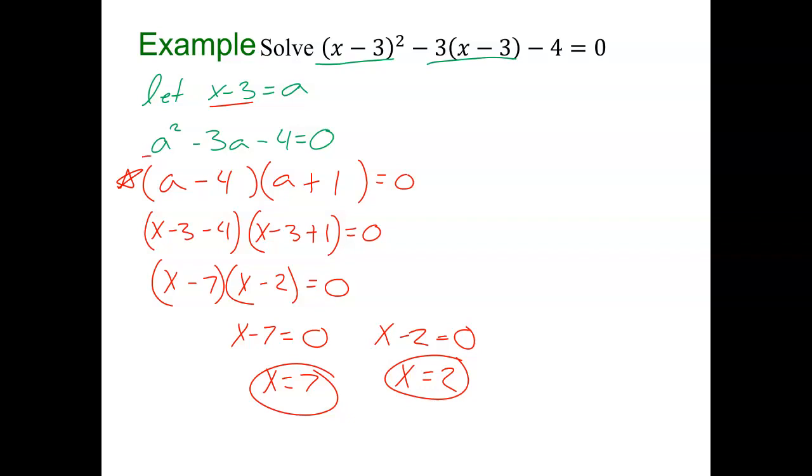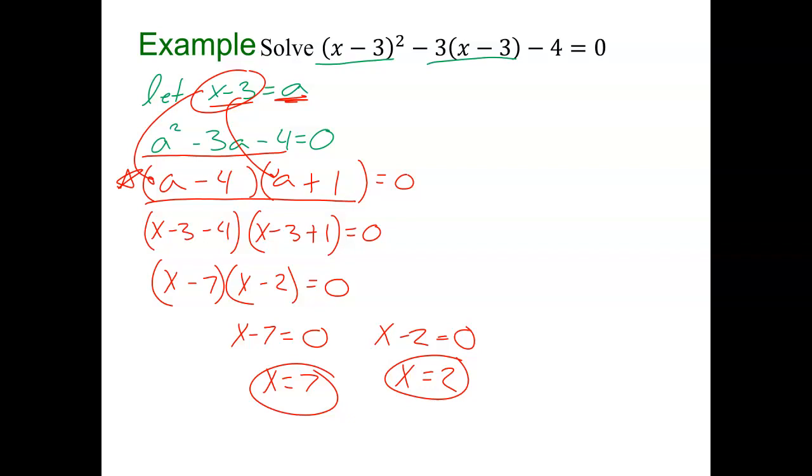So I took this, I factored it, and then I took a, and I put the x minus 3 back. So I had x minus 3 minus 4, x minus 3 plus 1, and then just simplify. Okay, so that one's gone. I rewrote it, factored it, and then wrote it back. So it was like I substituted, made it easier, and then put back the hard part.